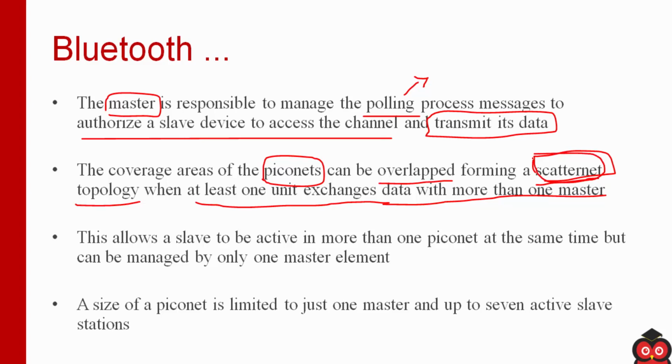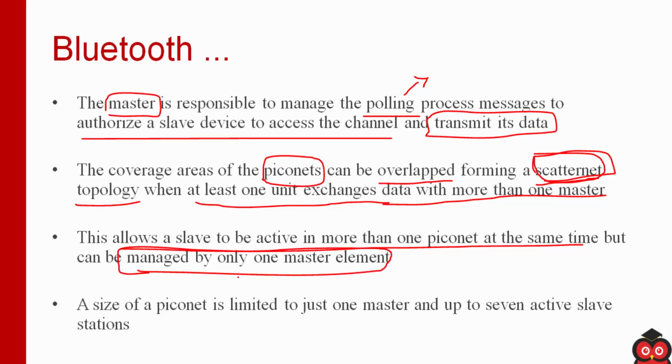We will see it in the coming slides with the help of a diagram, it will be clear. Scatternets allow a slave to be active in more than one Piconet at the same time, but it can be managed by only one master.